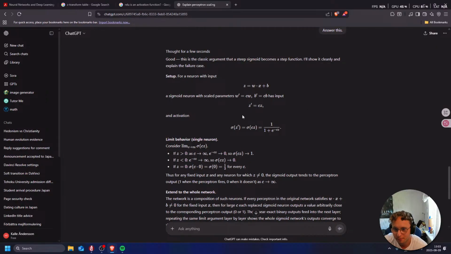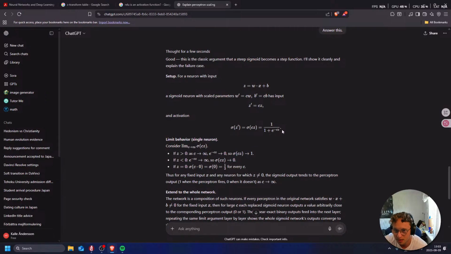So this is kind of what I thought about. Consider the limit where C goes to infinity. If C goes to infinity, this will be incredibly small, so that should be equal to 1. Yes, if z is greater than 0 and C goes to infinity, that goes to 1.